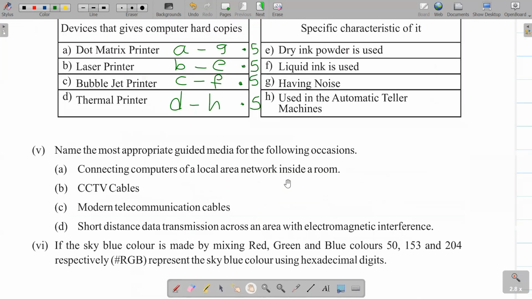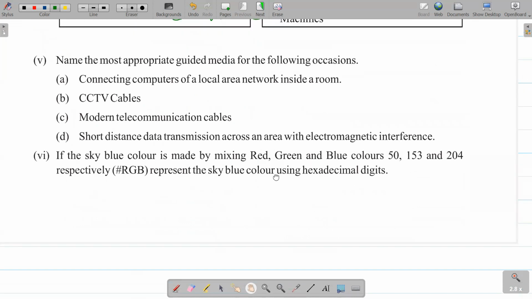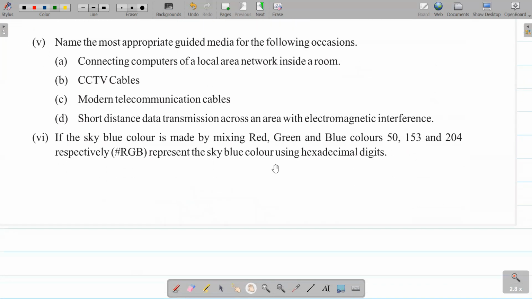Okay. The fifth one: name the most appropriate guided media for the following occasions. Connecting computers of a local area network inside a room. For this, you can use twisted pairs. You can use fiber optics.